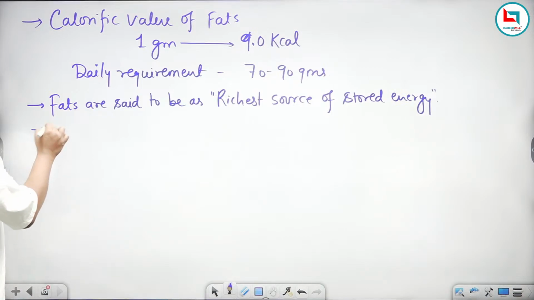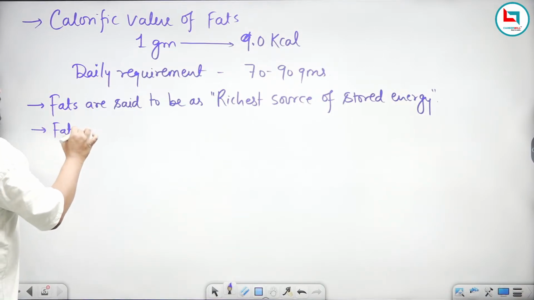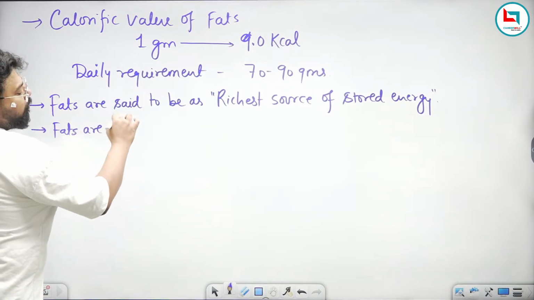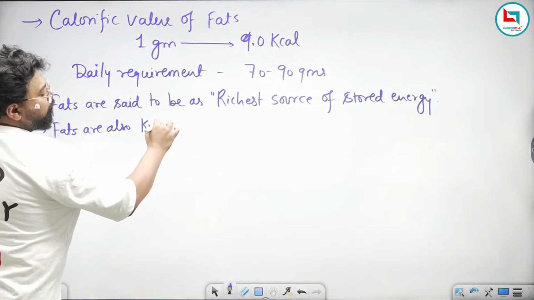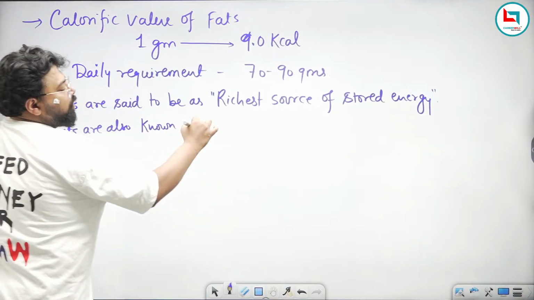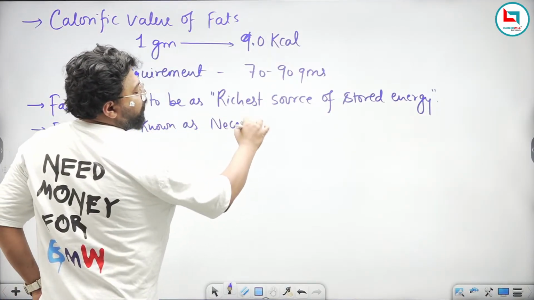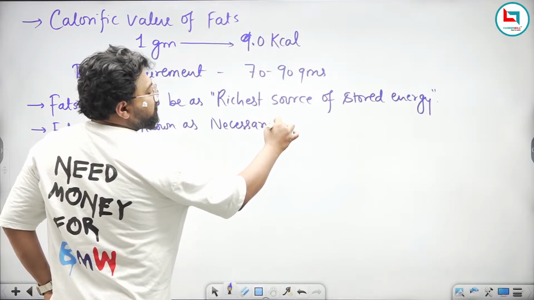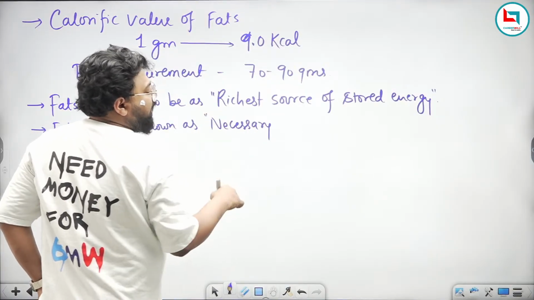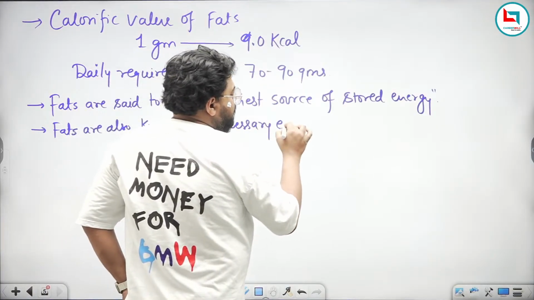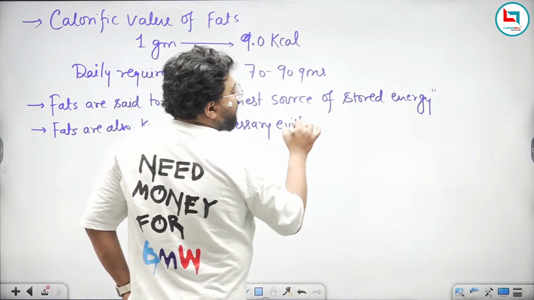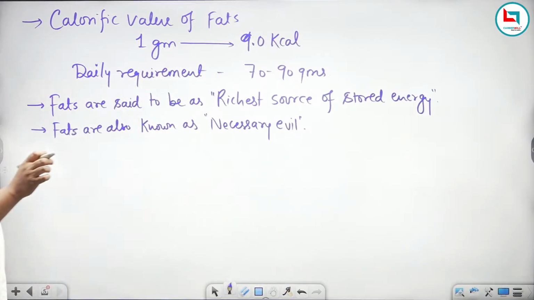But fats are also said to be a necessary evil, because if you consume too much fat, some of the fat like saturated fat gets accumulated or clogged in our blood vessels, which may lead to heart attack or cardiac arrest.